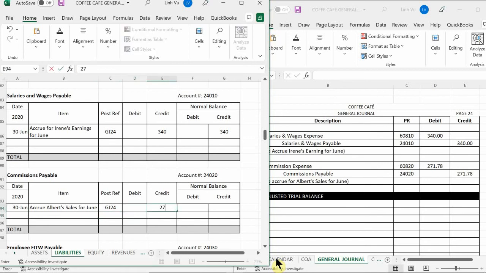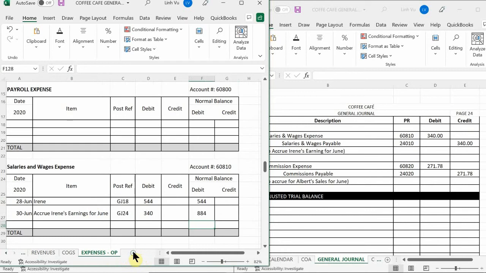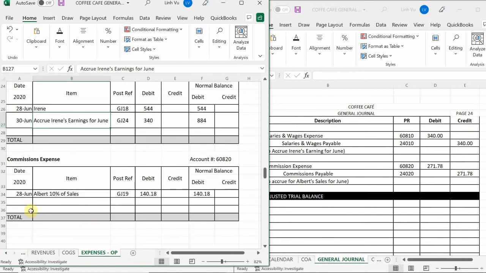For a total of $271.78. And then I need to go to my last thing here, which is my expenses, commissions expense, for 271.78.